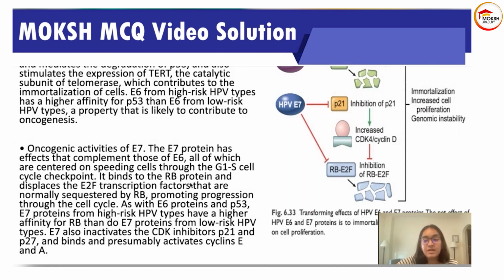You don't need to know the details of that. It binds to the RB and it promotes progression through the cell cycle, and thus it promotes proliferation. And just like with E6, E7 from high risk HPV types have a higher affinity for RB than from low risk, and that is how it carries out uncontrolled proliferation of cells.